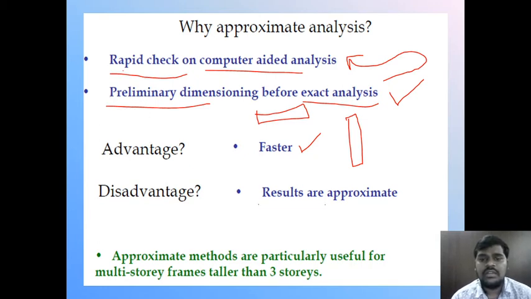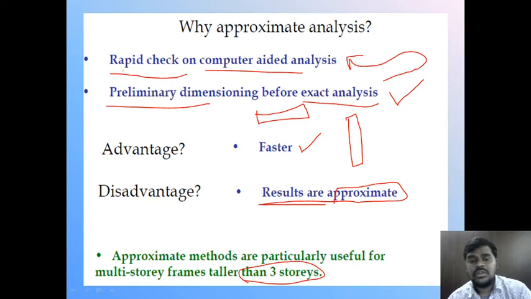That is, the results are approximate. They are not exact, they are just approximate. So we can consider them, but not 100%. Approximate methods are particularly useful for multi-story frames taller than 3 stories. So if the frame has more than 3 stories, these approximate methods can be used.